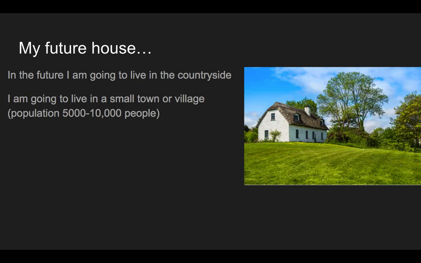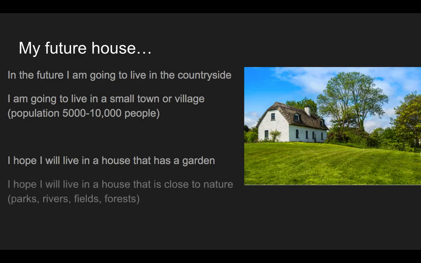A small place. I hope I will live in a house that has a garden like this one, with a field and trees. And I hope I will live in a house that is close to nature, so close to parks or rivers or fields or forests.